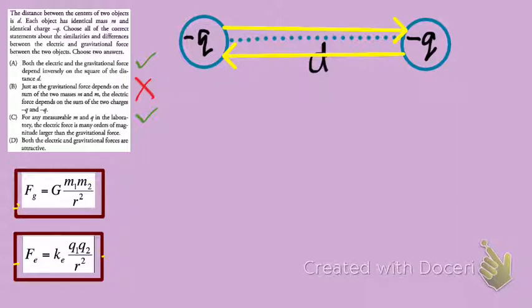But for this problem, since we know that both the Q's are the same sign, they're both negative, we know that the electrostatic force is actually repulsive. So even though the gravitational force is attractive, the electrostatic force is repulsive. So we know that D is wrong.